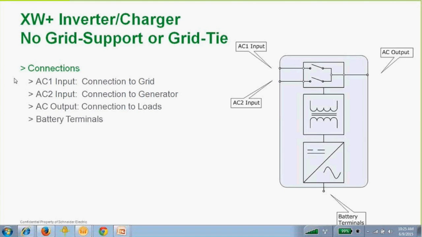Now you'll see on the AC inputs, both of them, a switch that is currently in the open position. We call these the internal transfer switches. So what will happen is, for instance, if we connect the grid on AC1, the inverter will qualify it.